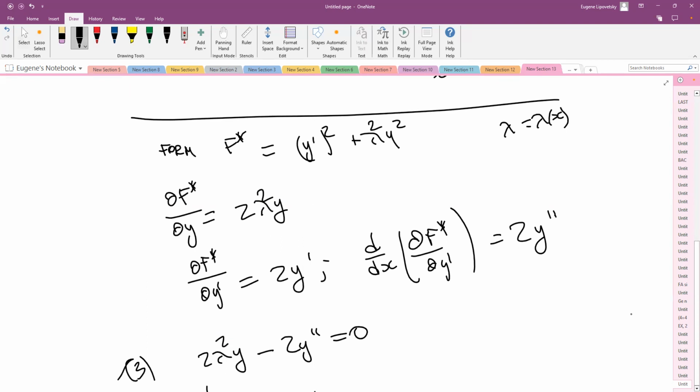That's a known function of x, right? So df over dy, that's true. But d over dy prime, all right, so this is correct.